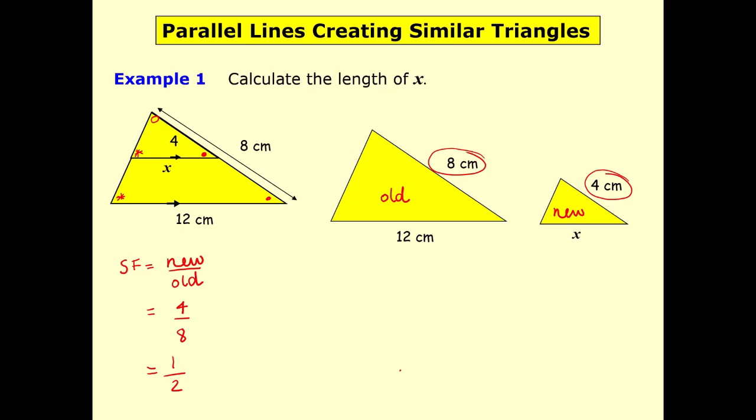And then we're going to calculate x by taking our corresponding side to x, which is 12, and multiply that by a half, which will give you 6 centimetres.